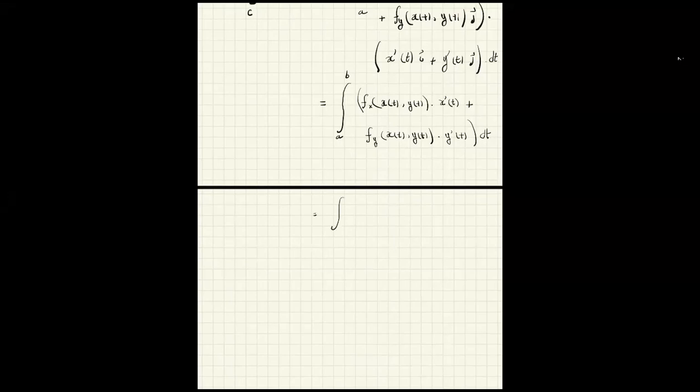And this is equal to the integral from a to b of something familiar. Remember, in the first half of the class, you had the chain rule for a function of two variables where x and y are themselves functions of one variable. So this is directly the derivative with respect to t of the function f of x t, y t.